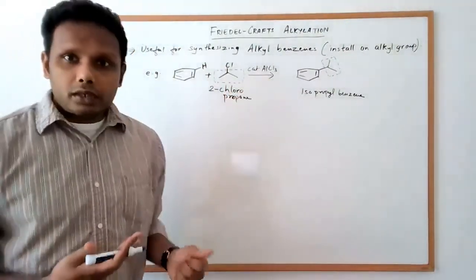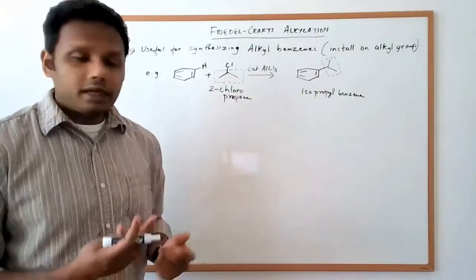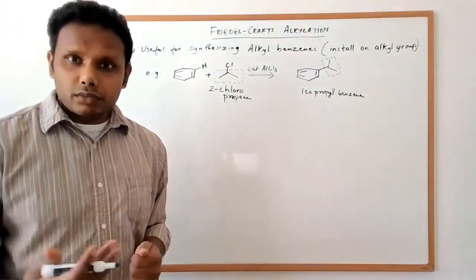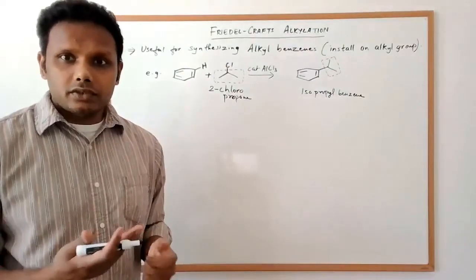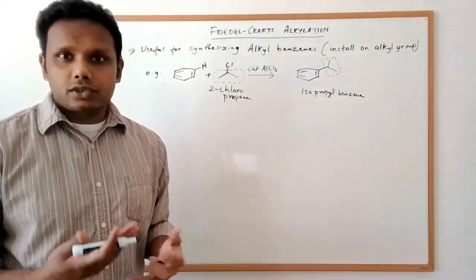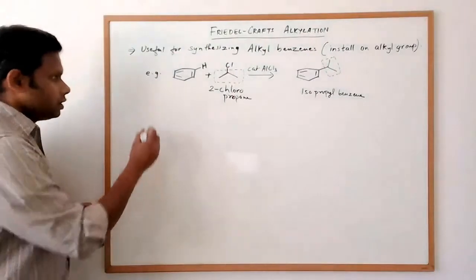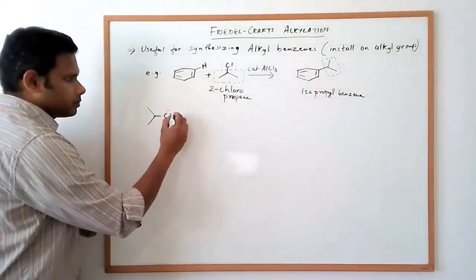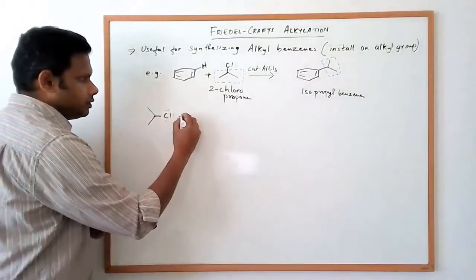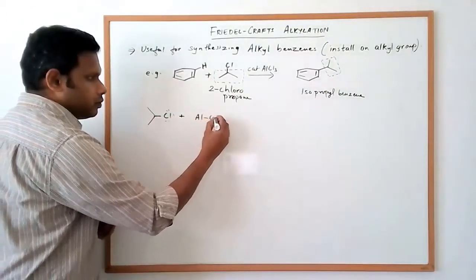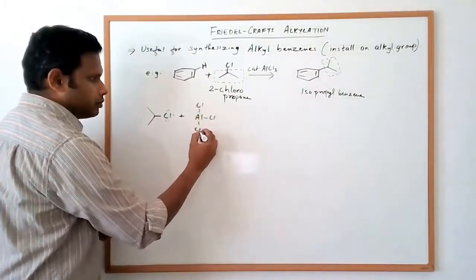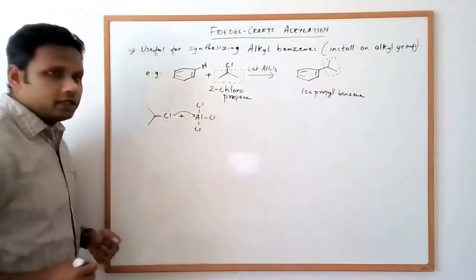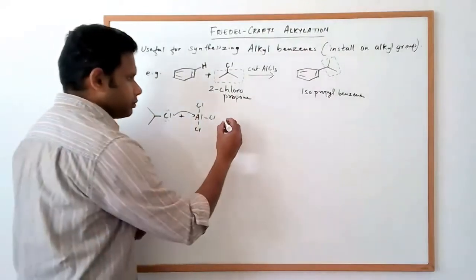Now, aluminum trichloride works here by activating this alkyl chloride in a manner similar to what we saw in the case of a chlorination reaction or a bromination reaction. Essentially, the alkyl chloride here can interact with the aluminum trichloride by donating electrons to the aluminum.